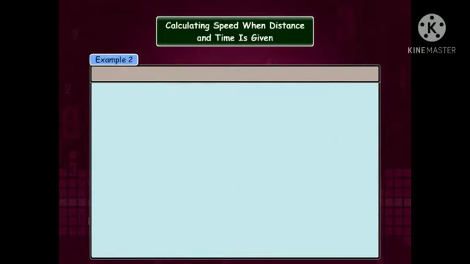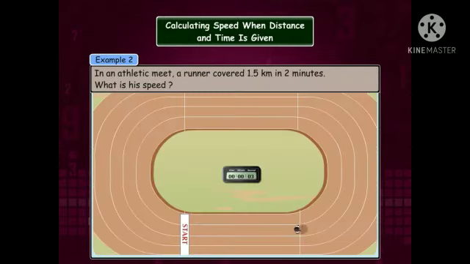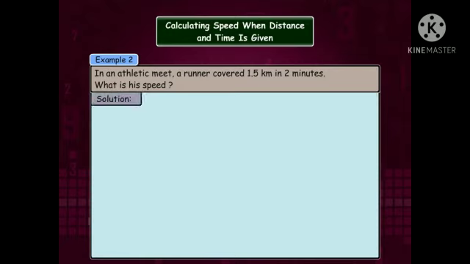Next example. In an athletic meet, a runner covered 1.5 kilometers in 2 minutes. What is his speed? Solution. Distance covered by the runner is equal to 1.5 kilometers and time taken is equal to 2 minutes. 2 minutes is equal to 2 by 60 hours, which is equal to 1 by 30 hours.